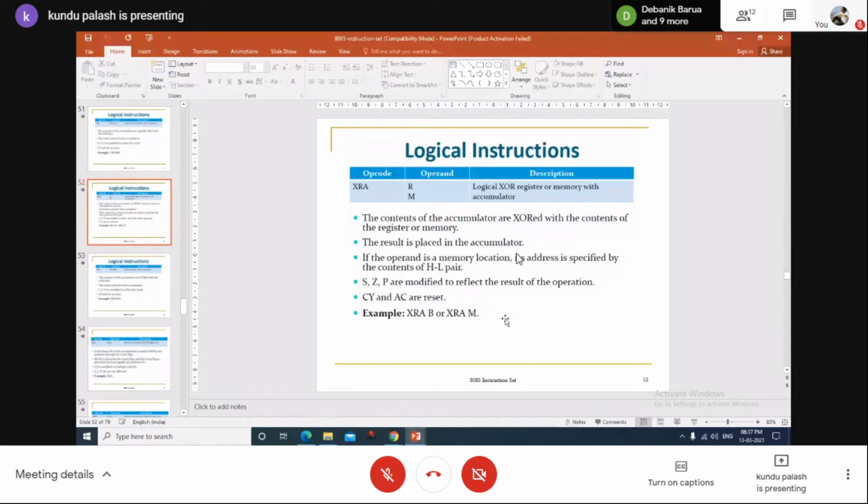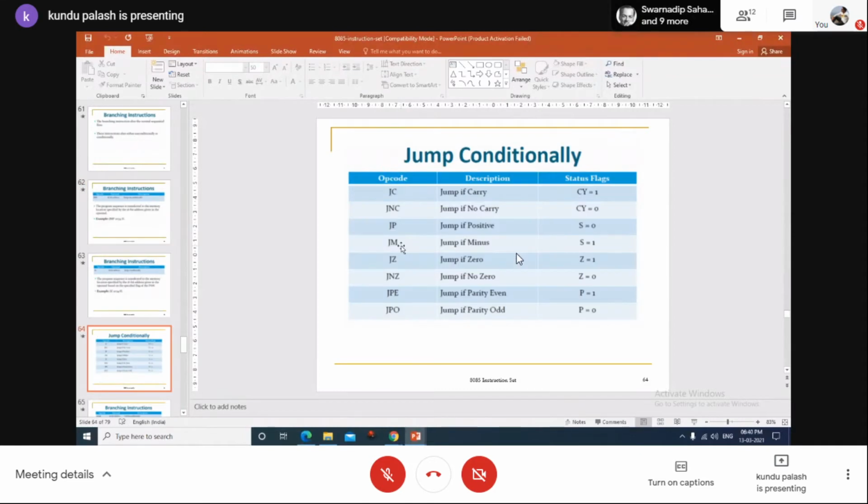JM, that means for a sign bit operation, jump if minus. Now you have to understand the sign bit arithmetic, binary arithmetic. I will explain during the programming part. So these are the conditional branching, and this is unconditional branching.